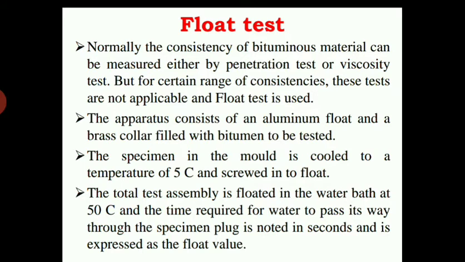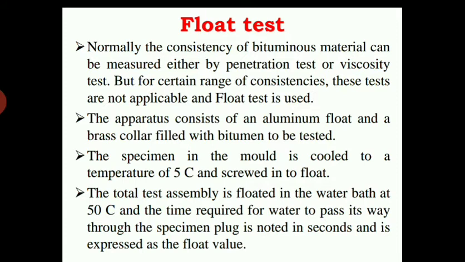By using the viscosity test, we found the absolute viscosity property of the bitumen. But for a certain range of consistency, these tests are not applicable and a float test is used. The apparatus consists of an aluminum float and a brass collar which is filled with the bitumen to be tested. The specimen in the mold is cooled at a temperature of 5 degrees Celsius and screwed in the float.